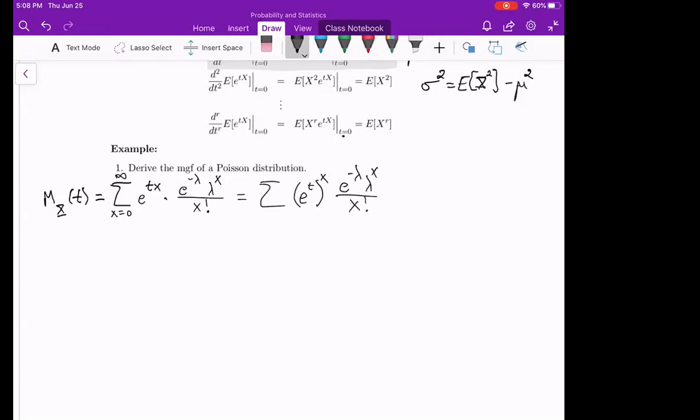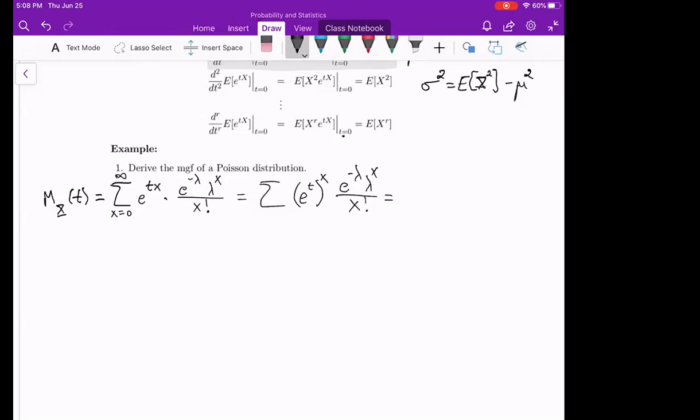So e to the tx is equal to e to the t to the power of x. And I put it in that form because I happen to know what I want to do is I want to bring the lambda and the e to the t term together because they share the same power.